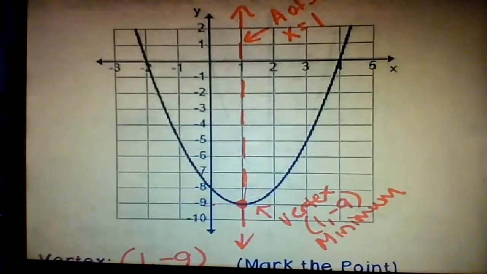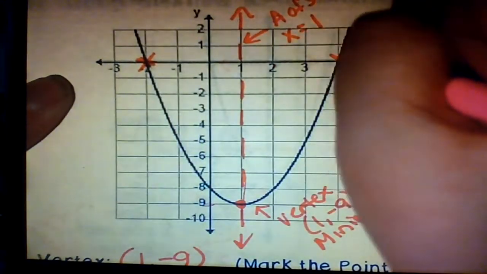They want to know, where are your zeros? Zero is just another word for root, solution, x-intercept. Where does my graph cross the x-axis? -2 and 4.